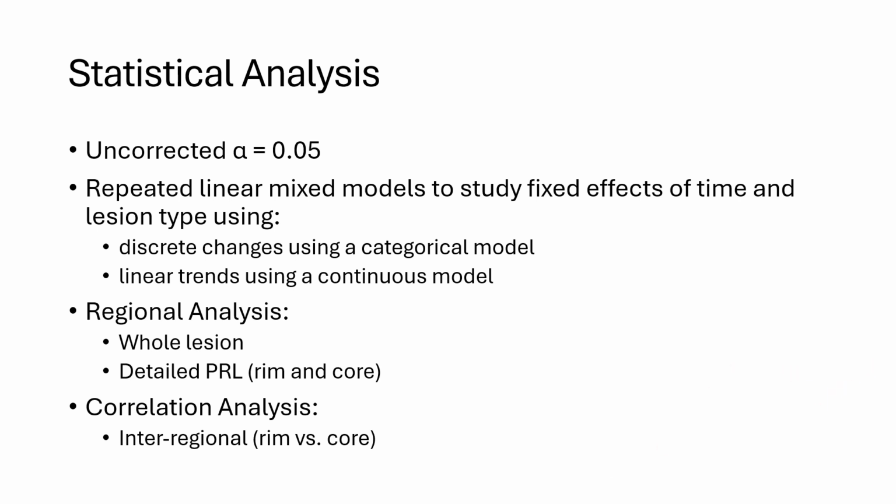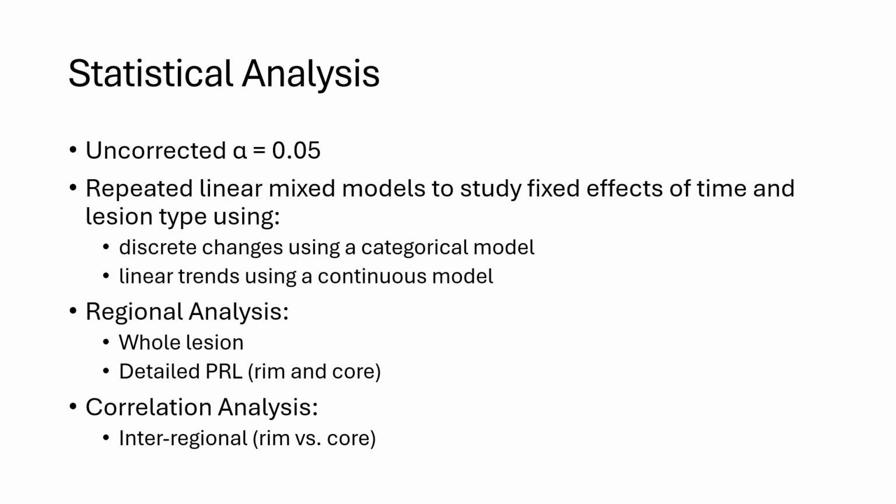In terms of statistical analysis, we used a significance threshold of alpha equals 0.05. We employed repeated linear mixed models to study fixed effects of time and lesion type using two types of models: a categorical model to study discrete changes, and a continuous model to study linear trends between time points.